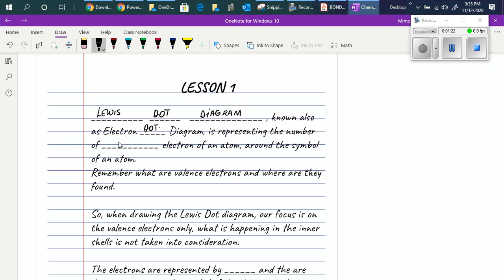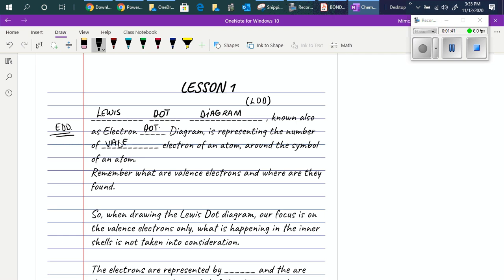And very often what you will see for Lewis dot diagram will be LDD, and for electron dot diagram will be EDD as the acronym for that, is representing the number of valence electrons in the atom.